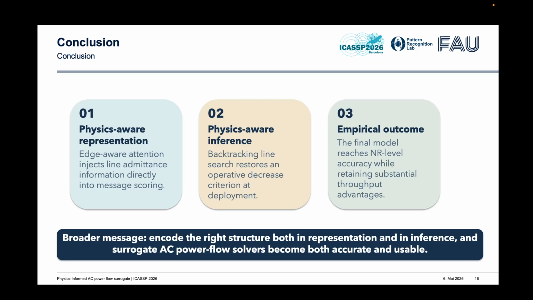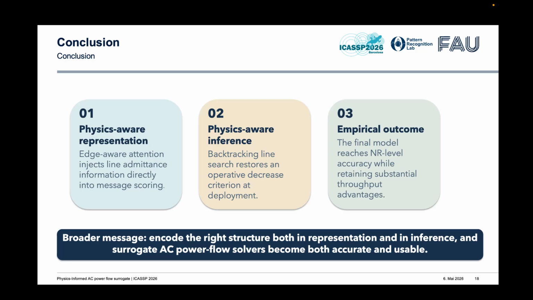And at the inference level, our backtracking line search-based inference time correction mechanism restores the inoperative physics decrease criterion at inference, resulting in more stable and physically ordered behavior.